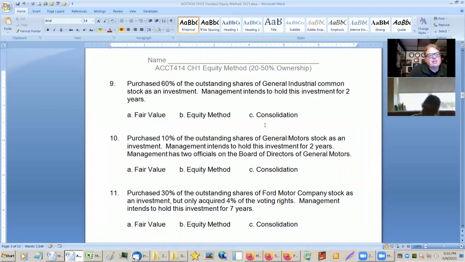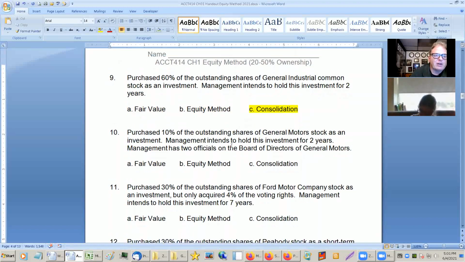Purchase 60% of the outstanding shares of General Industrial common stock as an investment. Management intends to hold this investment for 2 years. So that would be consolidation. Yeah, consolidation. And notice that it doesn't matter how long they hold it, like 10 years or whatever. It's how much stock they own, and whether they're influential or controlling.